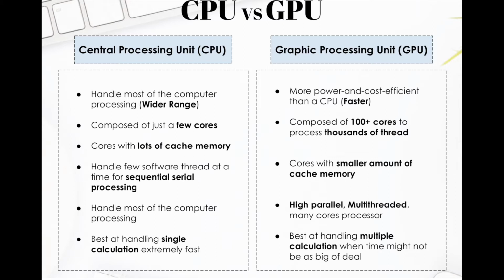Next, the CPU is able to handle few software threads at a time for sequential serial processing, while the GPU is more on parallel multi-threaded and has many cores. The CPU is best at handling single calculations extremely fast, whereas the GPU is better at handling multiple different calculations.